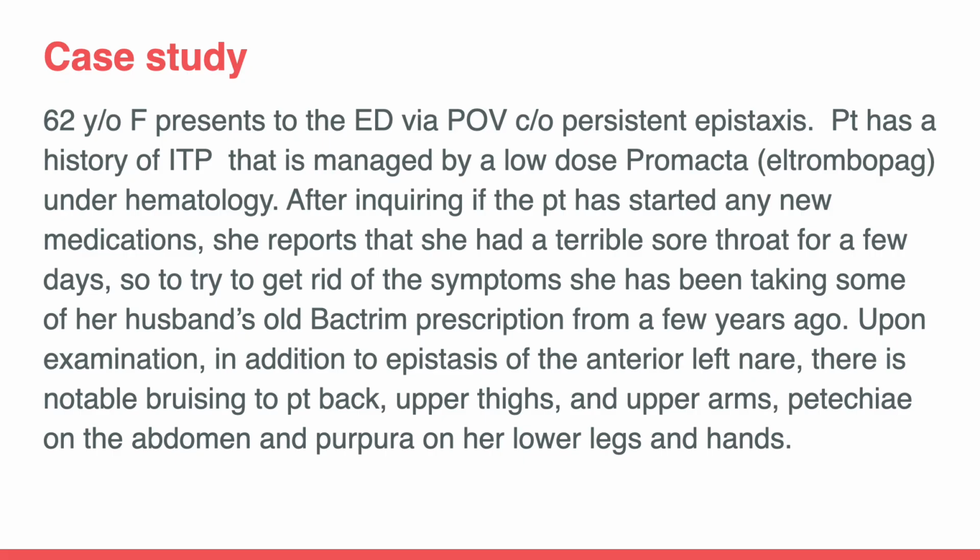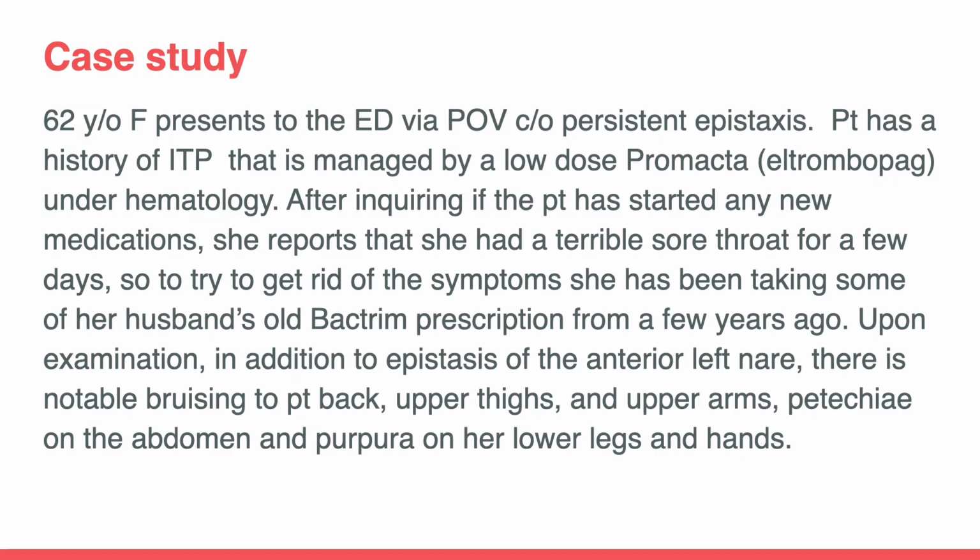So I have a case study for you. Kind of based it on a family member of mine. So a 62-year-old female presents to the ED via POV. History of ITP, managed with heme.